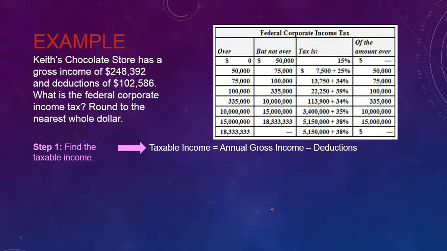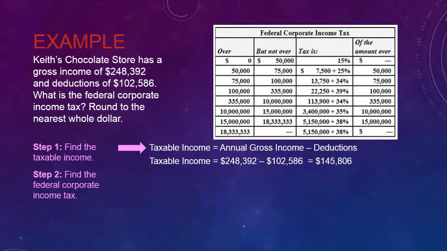So same thing, it's the annual gross income minus the deduction. So $248,392 minus $102,586. That gives us a taxable income of $145,806. So we have that. Now we need to find the federal corporate income tax.